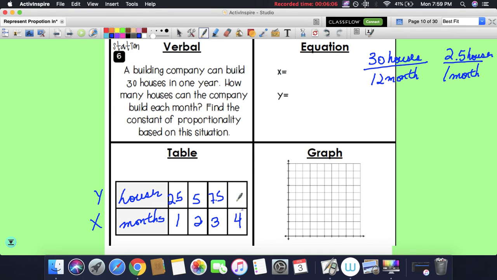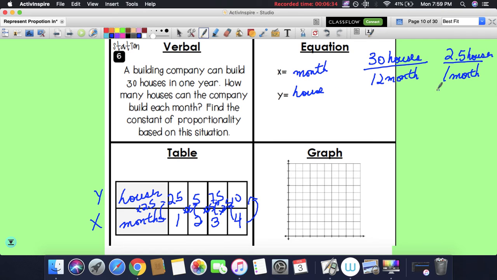And 4 months is times 2.5 again, and that's 10. So to go from here to here, it's a times 2.5 relationship for all of these, times 2.5, times 2.5, and times 2.5 again. So my X is my month, and my Y is my houses.